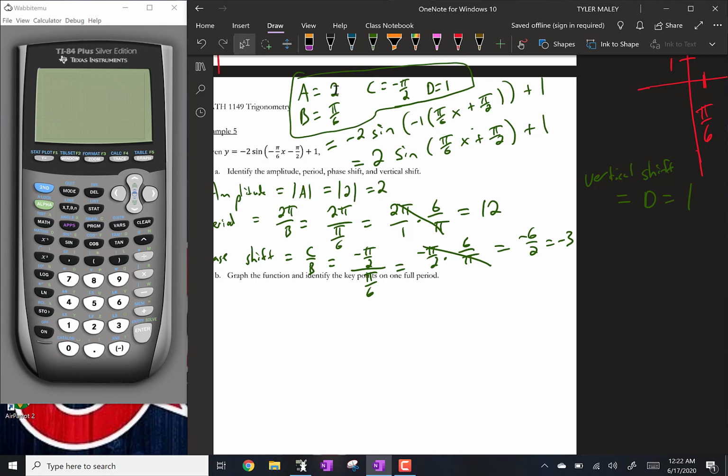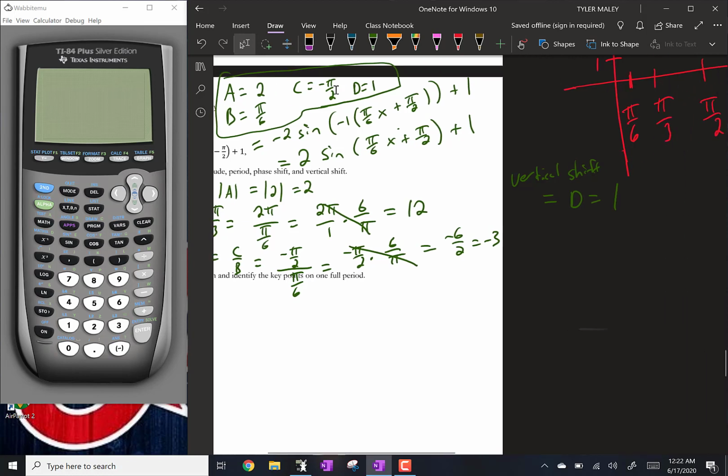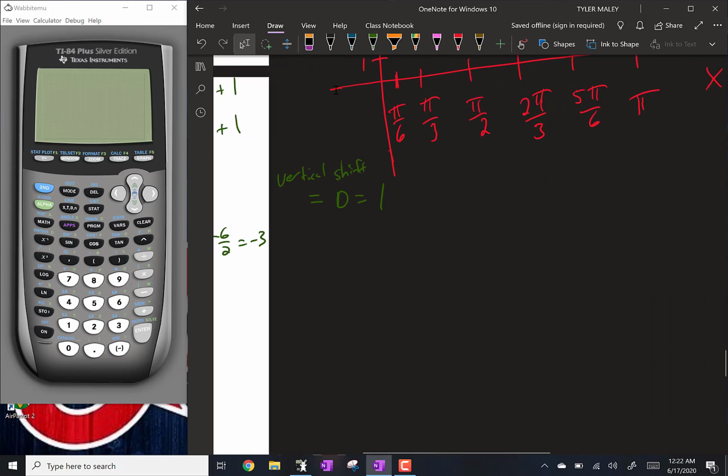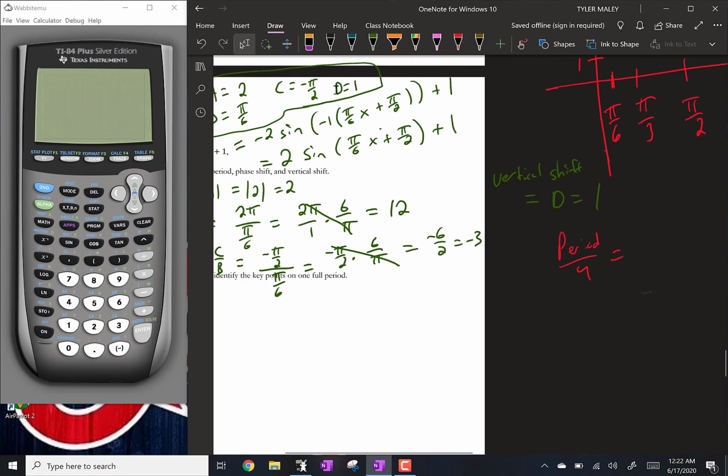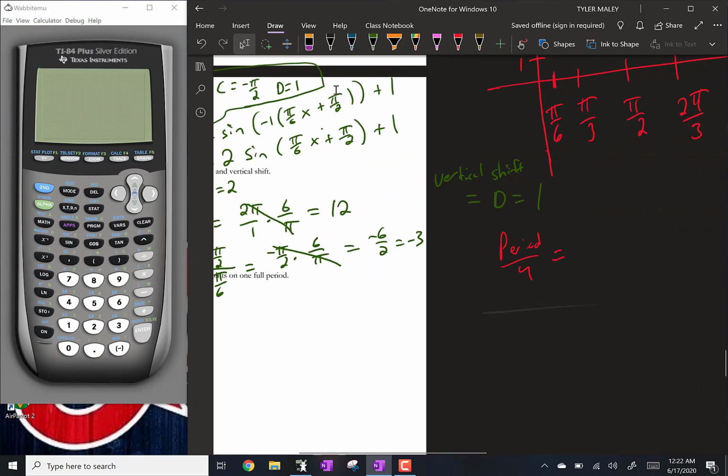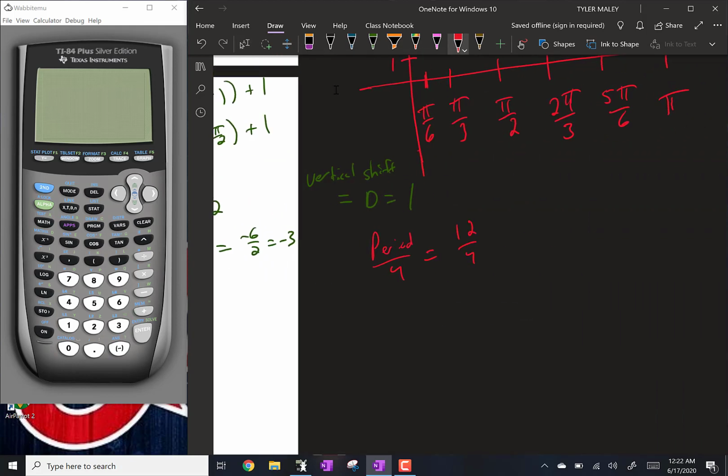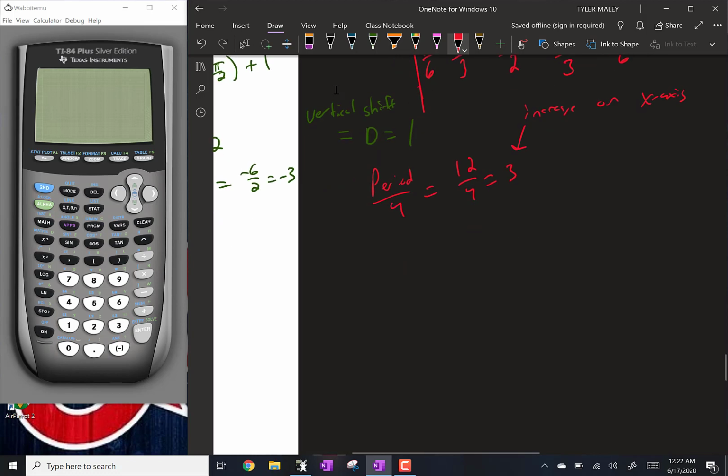So then the next thing that I would want to do, remember, is one thing that we want is to take the period divided by 4. So the period is 12, so we have 12 divided by 4, which is 3. So this is the increase on the x-axis, right?